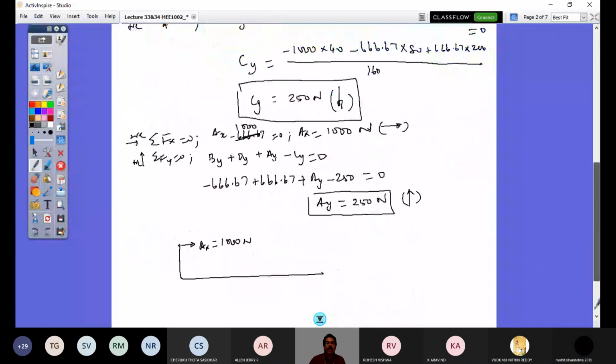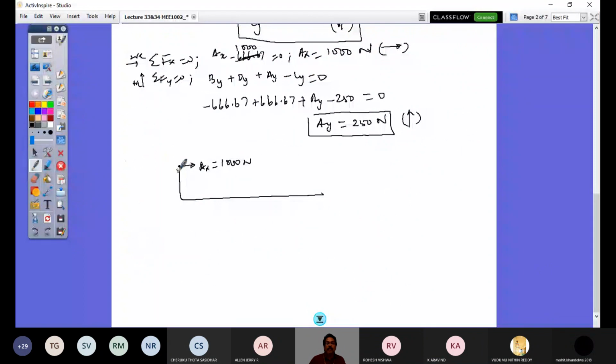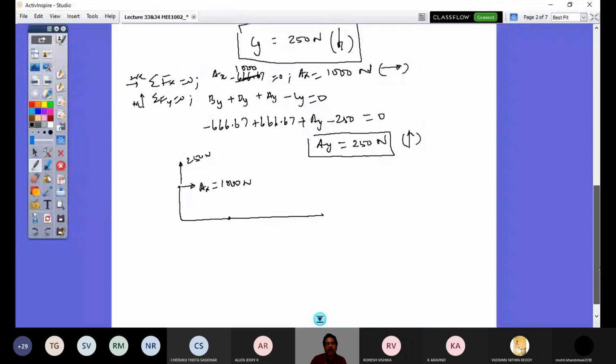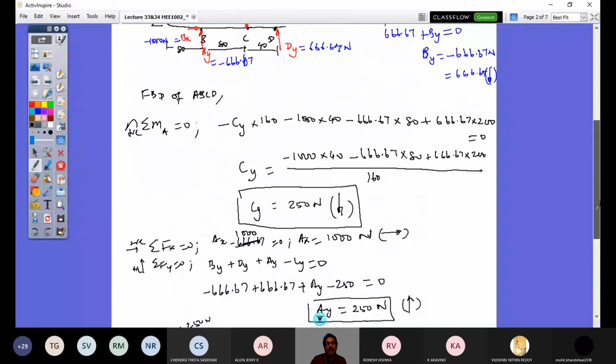And at point B, I have Bx. Now let me put the correct one. Bx is a negative value, so it is to the left. So I had the Bx value in this direction. This is my Bx.